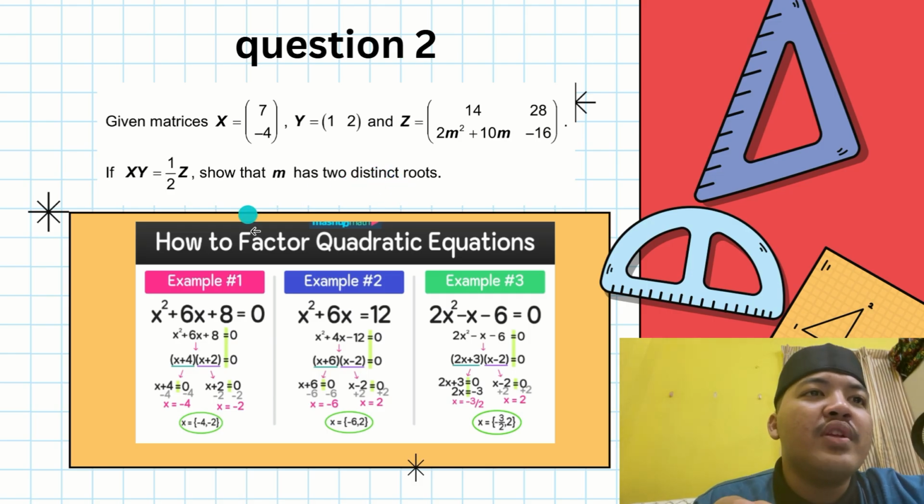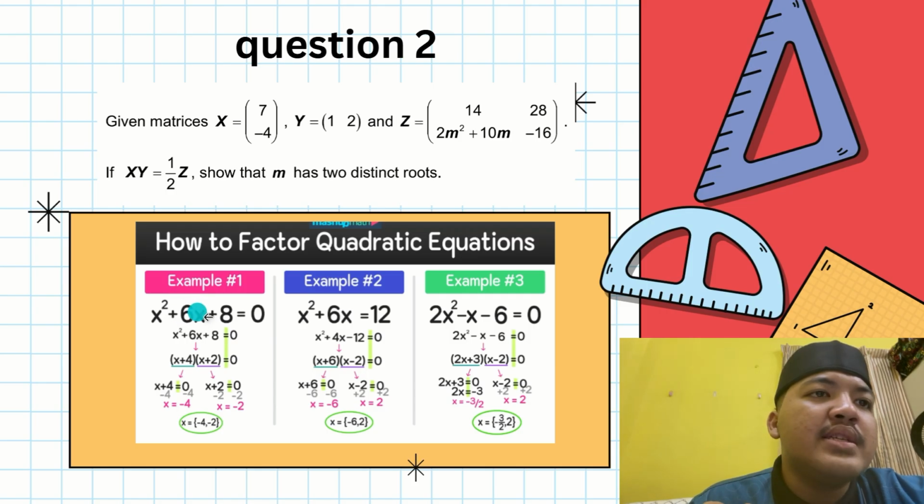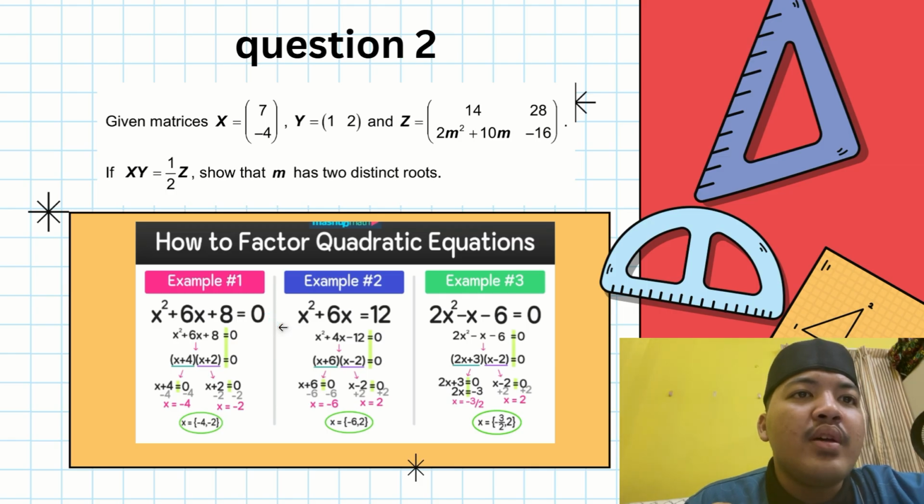So before solving the equation, let us look at an example of a quadratic equation. For example, consider the equation x square plus 6x plus 8 equals 0. We factorize it as x plus 4 multiplied by x plus 2 equals 0.